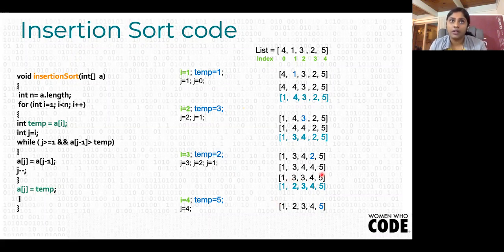We are not done yet because we have one more element, 5, to check. i is 4, temp is 5, and j's value will be 4. You compare the element previous to it. 4 is less than 5, which is good. So it's not going to go inside this while loop at all, and there's no swap needed as well. So yeah, that's how this insertion sort works.